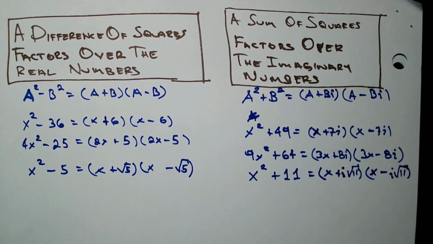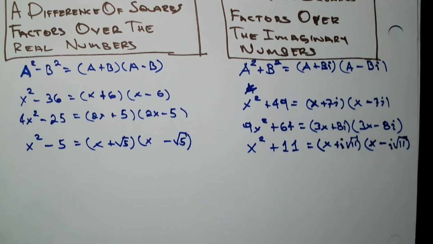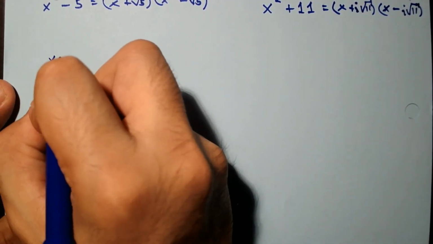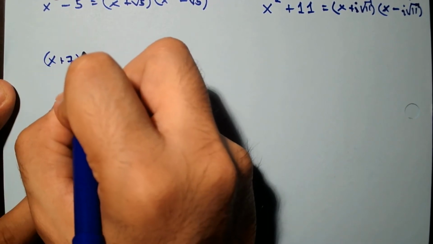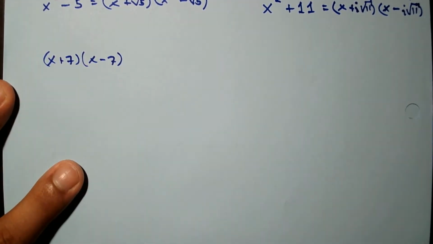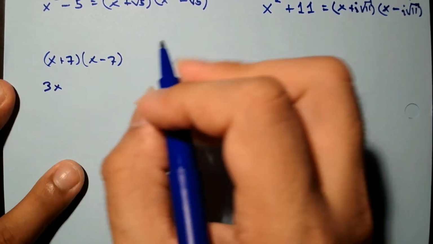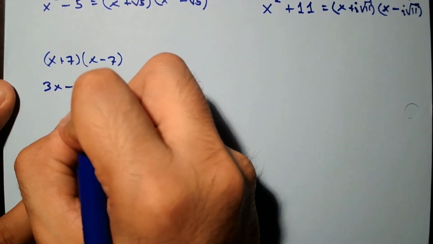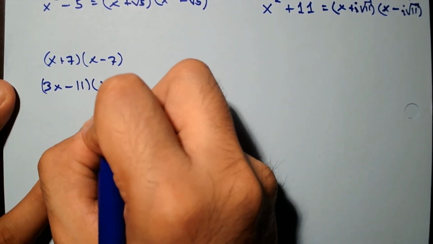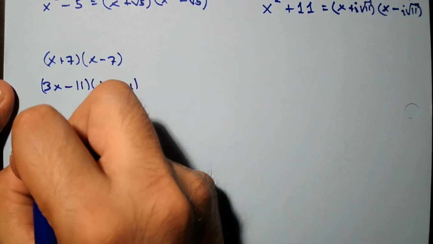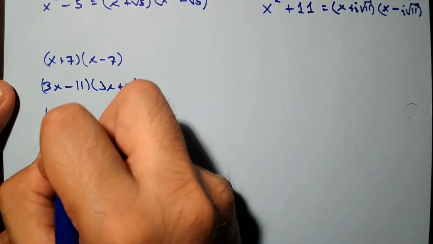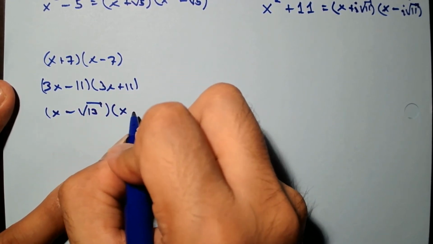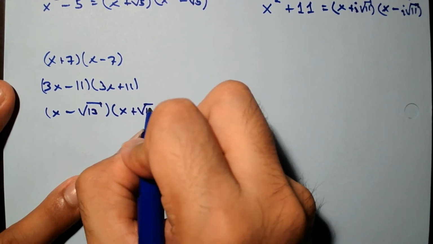Now let's do the backwards of this a little bit. Let me make something up: x plus 7, x minus 7, and 3x minus 11, 3x plus 11, and then x minus the square root of 13 times x plus the square root of 13.